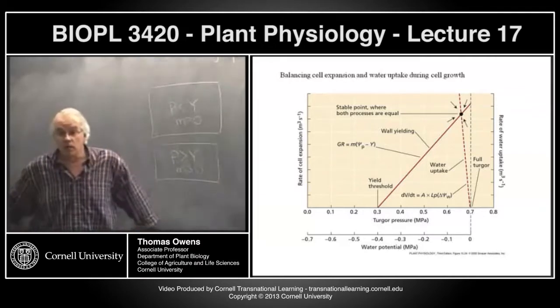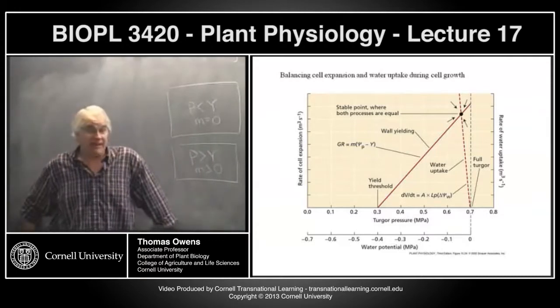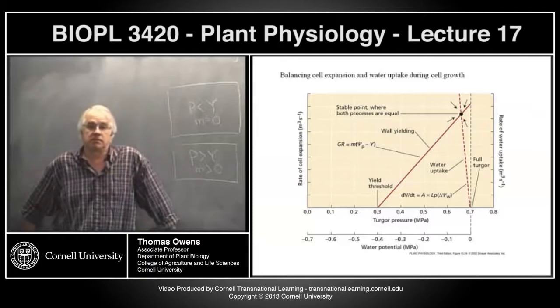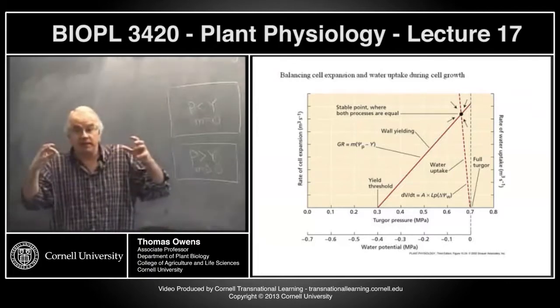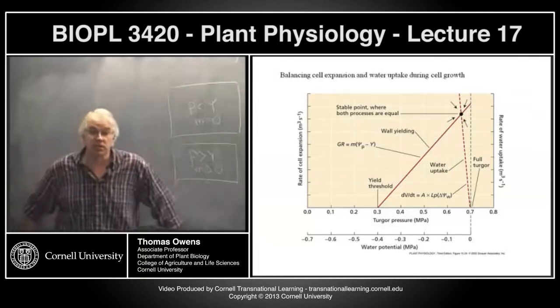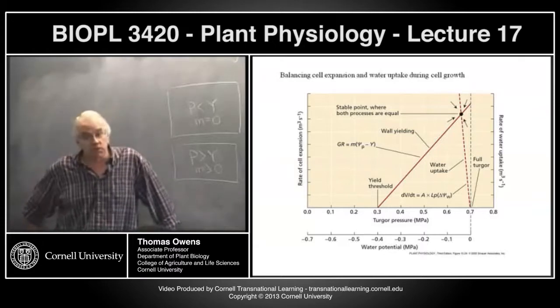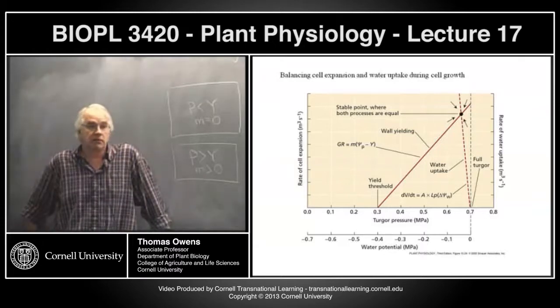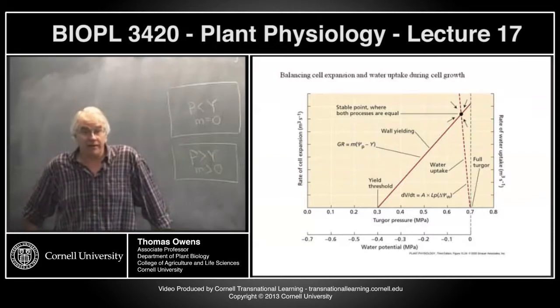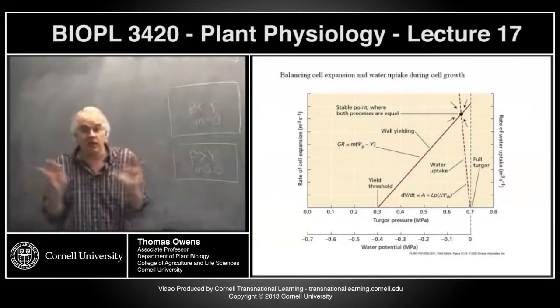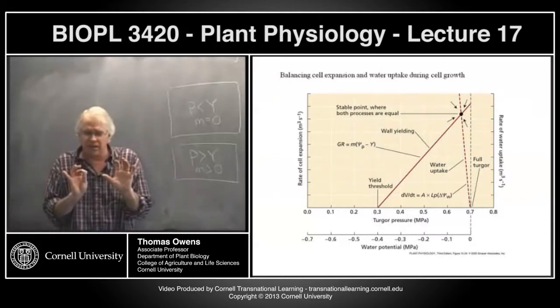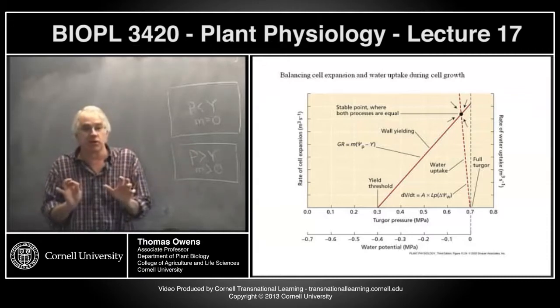The wall expands, the cell expands. When the cell expands in response to the loosening of the wall, what happens to the turgor pressure inside the cell? It decreases, right? Because you've made the volume that it's enclosed in larger. So the turgor pressure decreases.